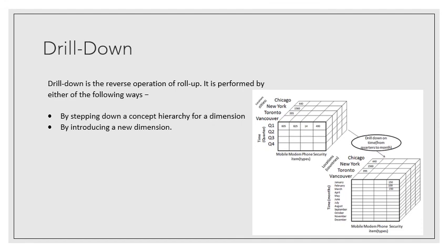Initially, the concept hierarchy was day, month, quarter, year. On drilling down, the time dimension is descended from the level of quarter to the level of month. When drill down is performed, one or more dimensions from the data cube are added, and it navigates the data from less detailed data to highly detailed data.